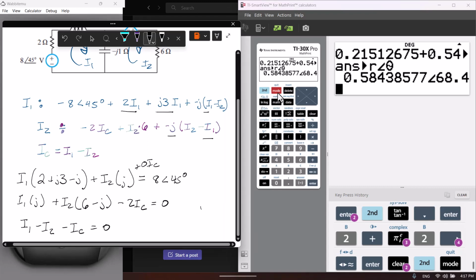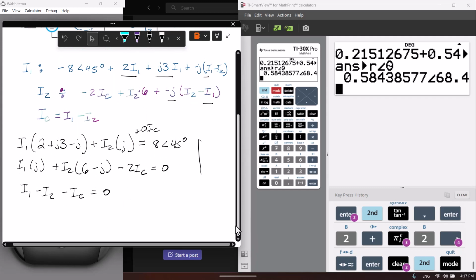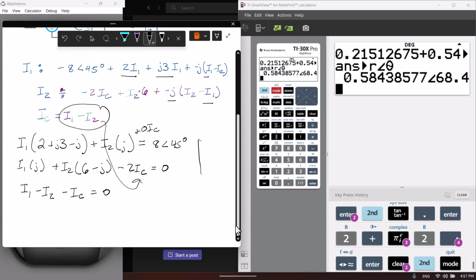I think the only thing to be done here is to plug in this for IC right here. So I1 times 2 plus J3, or 2 plus J2. So I'm just copying the first equation over. I1 times 2 plus J2 plus I2 times J equals 8 angle 45 degrees.